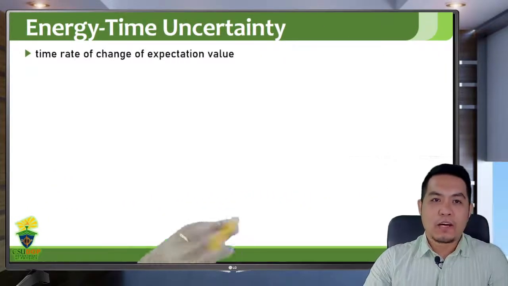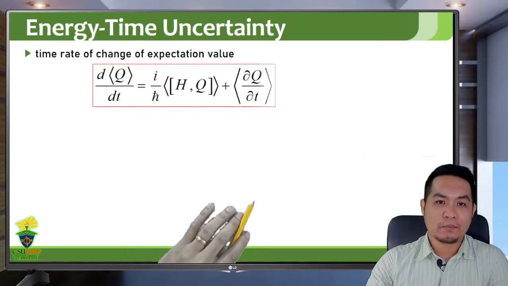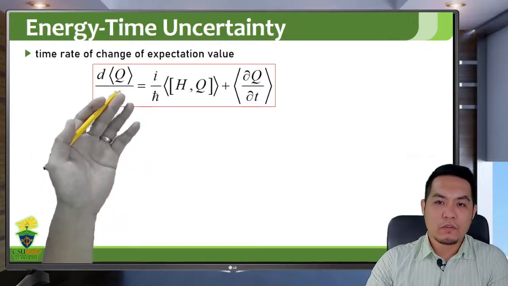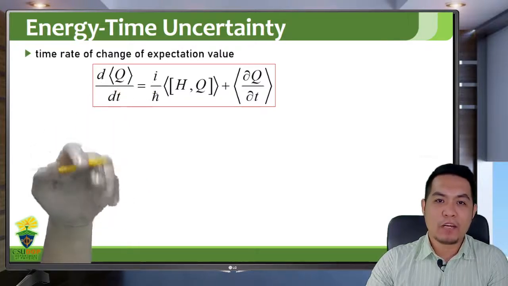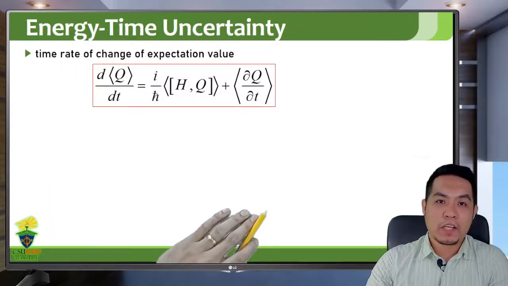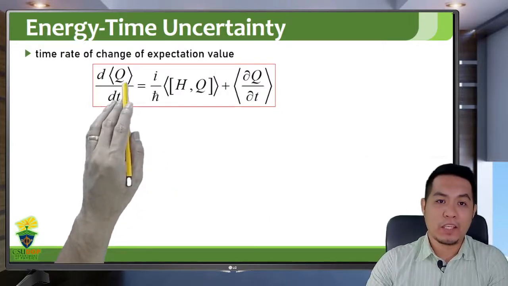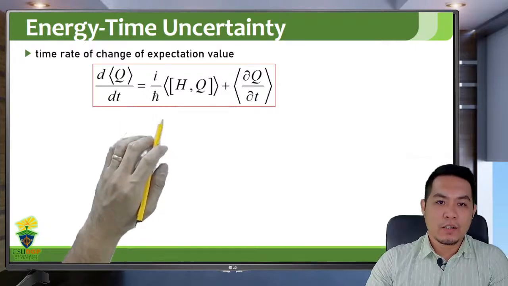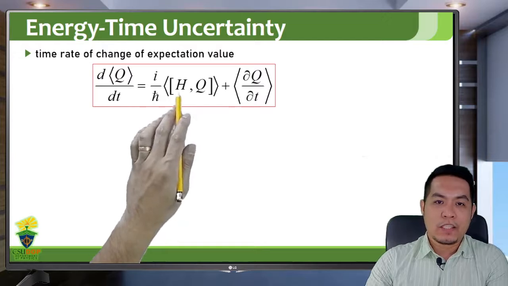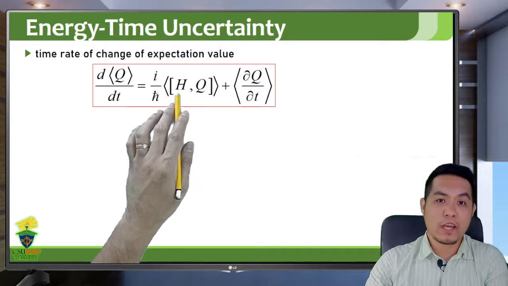We can also have an uncertainty principle with respect to energy and time. We can have that principle by first calculating the time rate of change of the expectation value of an observable or physical quantity Q. In general, it is given by this, which is the commutation relation of your observable with the Hamiltonian, the total energy operator.